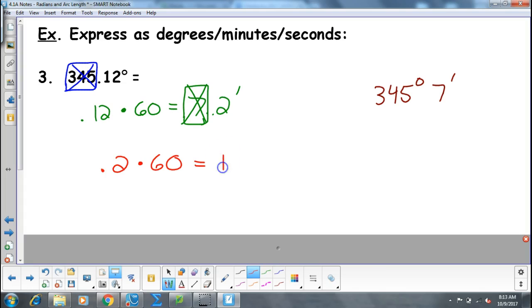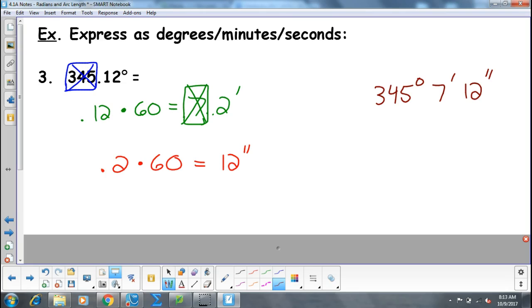Should be 12. So 345.12 degrees is 345 degrees, 7 minutes, 12 seconds. See how we did that?